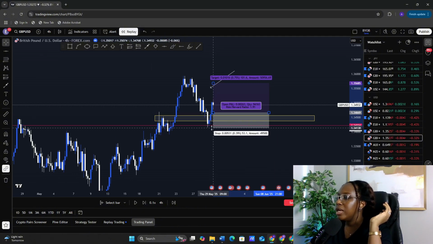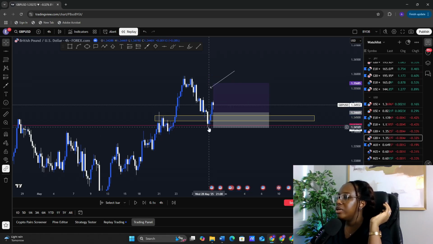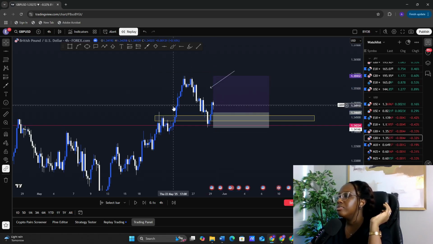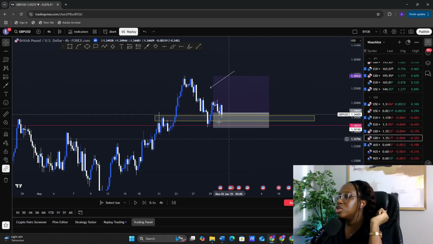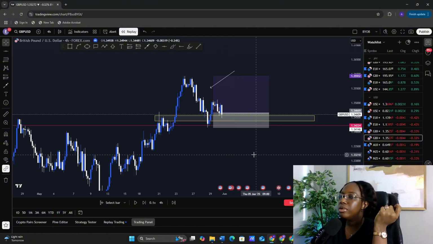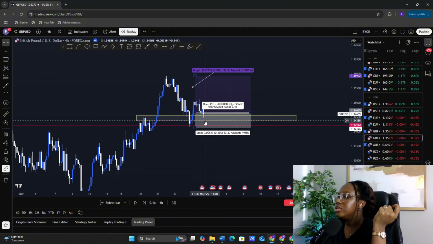My SL would be right here, beyond the area of fluctuation, and my target would be at the previous high, right here. So we anticipate, and then of course price came into the zone and we got in. I think this was on a Friday.